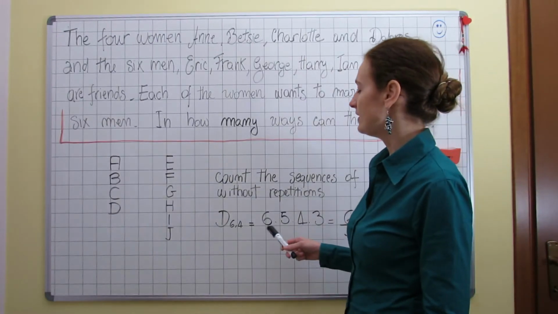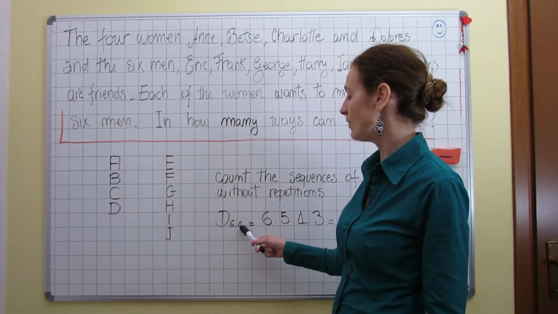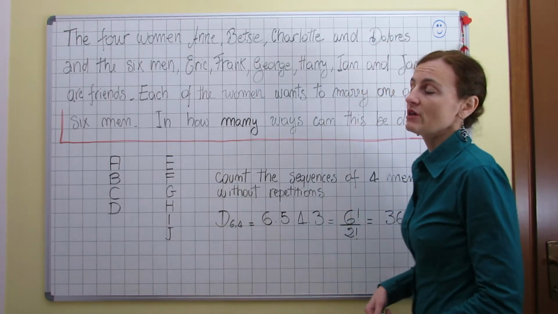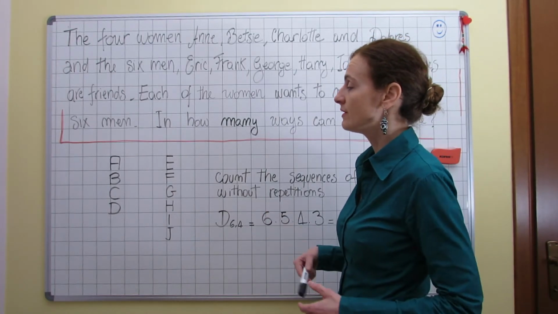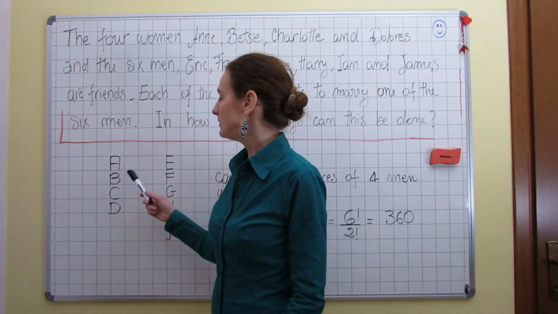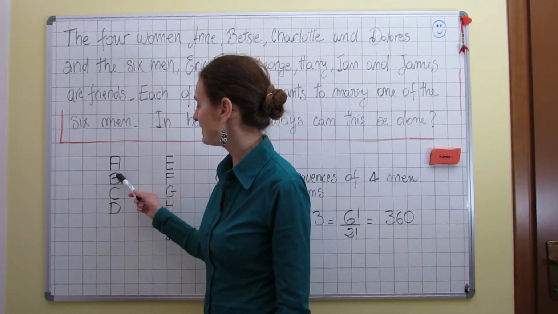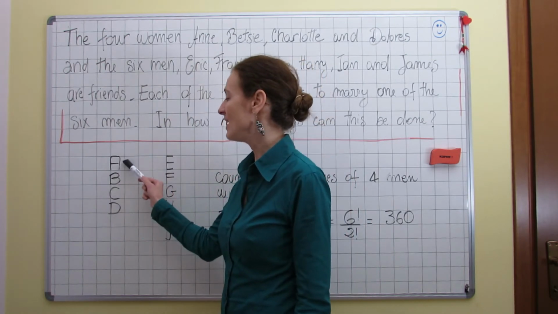This model is dispositions without repetition of 4 elements in a set of 6. Also, you can see the problem, the model, this way. Let's pretend that every letter here is simply a slot, a cell, a box.